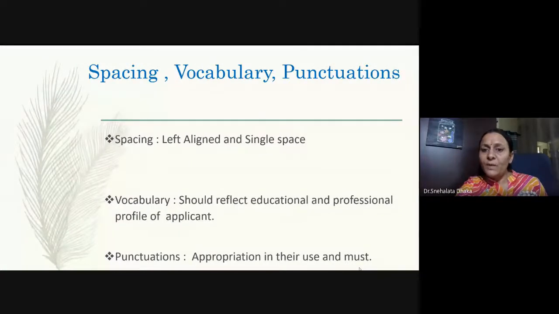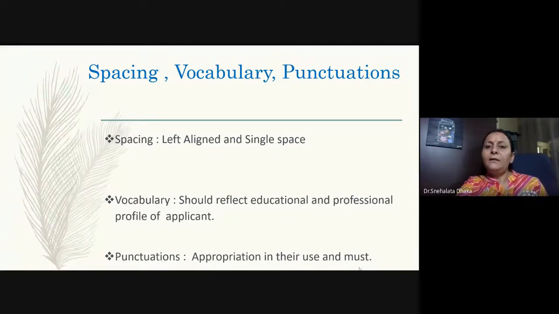There is no space between salutation and the body part. This one has to remember. There will be a single space between body and subscription part.